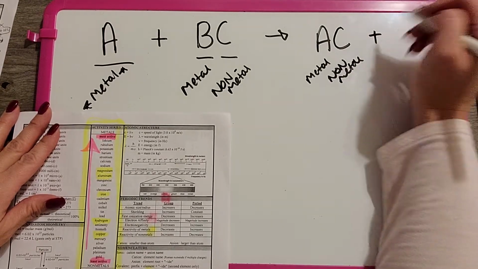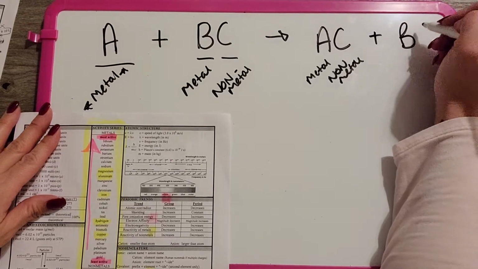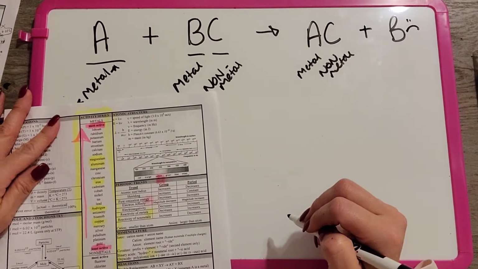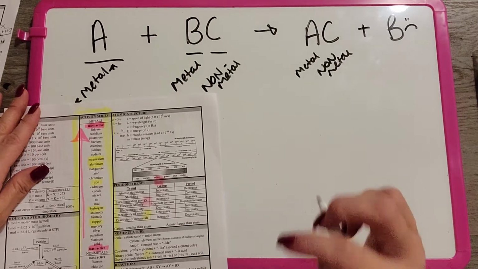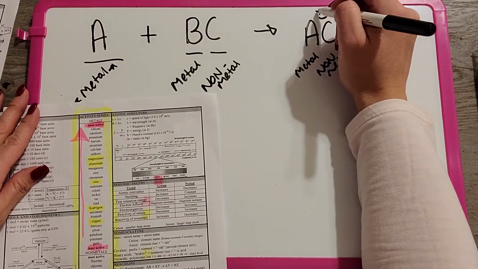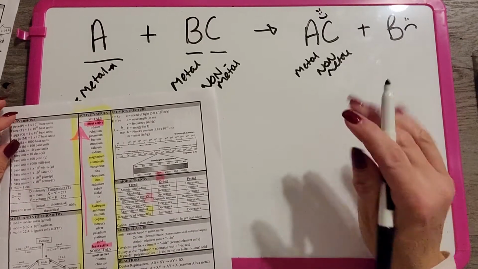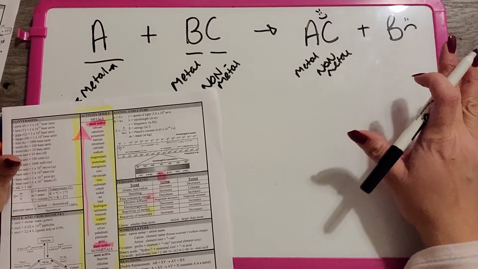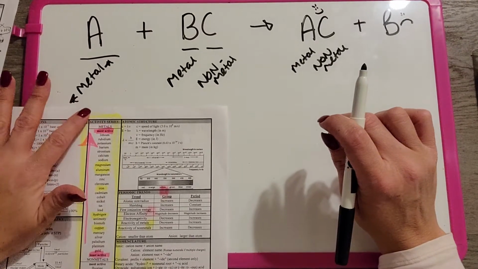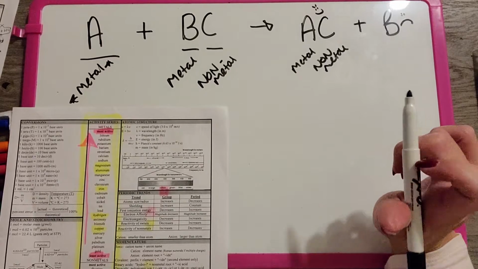And then metal B gets kicked out. Like, that's sad. It is not reactive enough, so it just gets kicked out. And then metal A is all like sinister, like devil face. So that is what's going to happen if the reaction happens. If it's no reaction, that means that metal A was not more reactive than metal B.